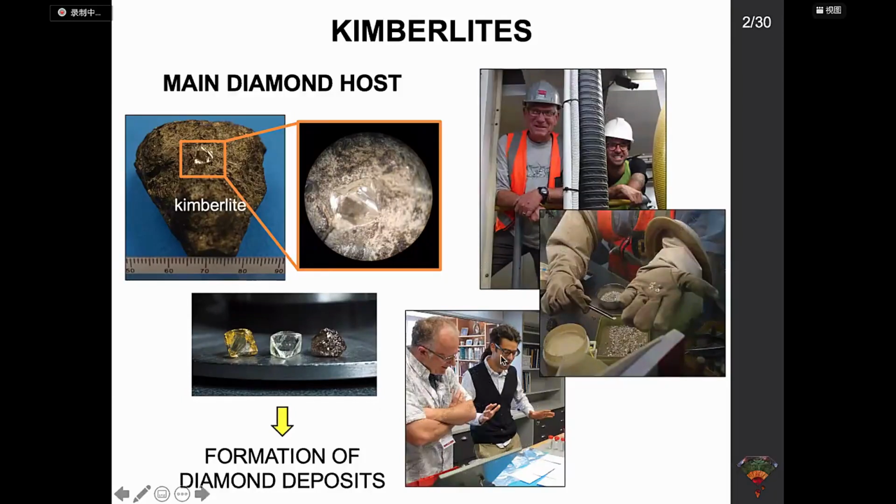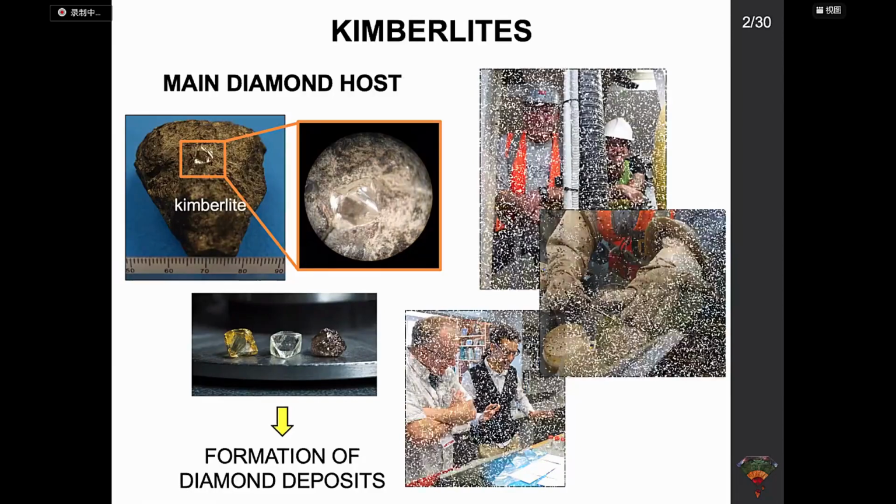Down here, you can see me and John Woodhead visiting the personal diamond collection of John Gurney, who recently passed away. And up here is myself and Jock Robbie, a former De Beers geologist, in a diamond sorting plant, directly looking at those trays full of diamonds. So it was quite a spectacular experience, I must admit.